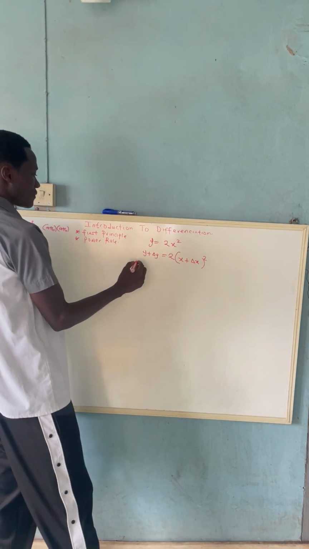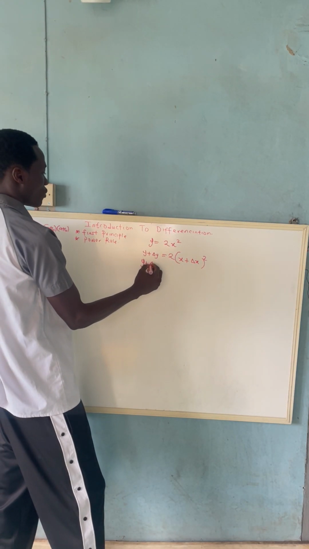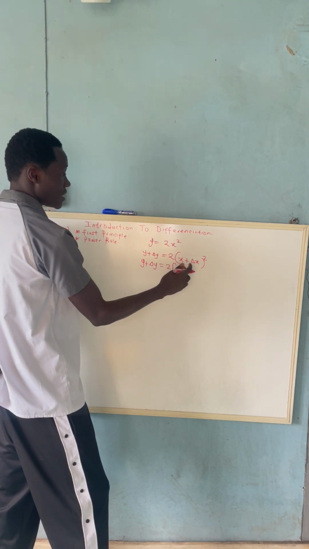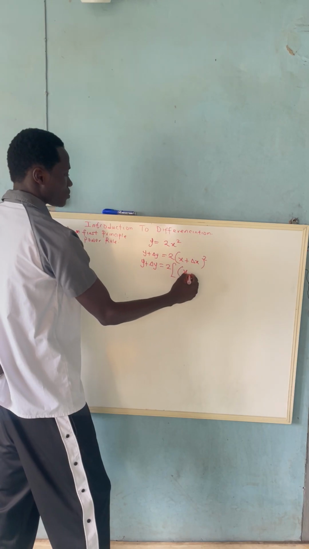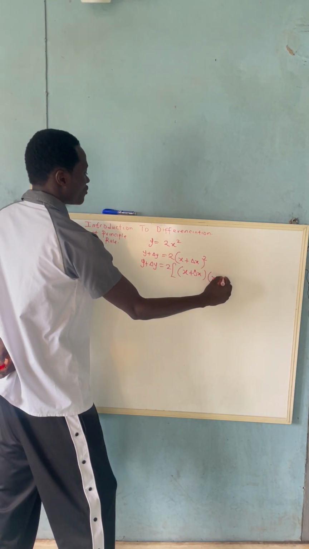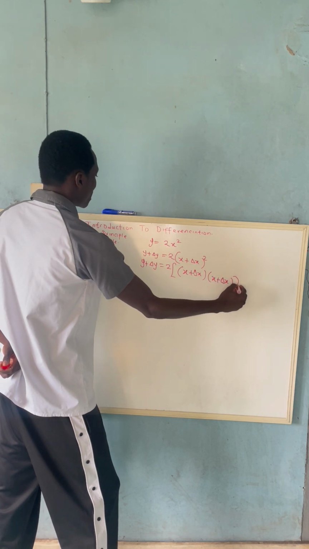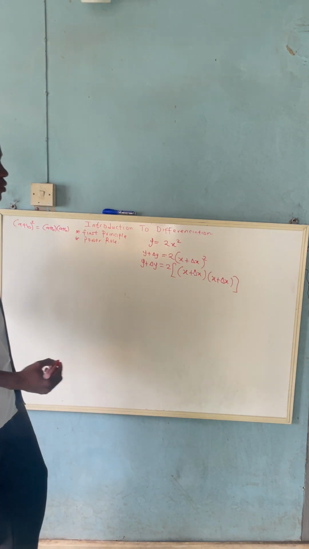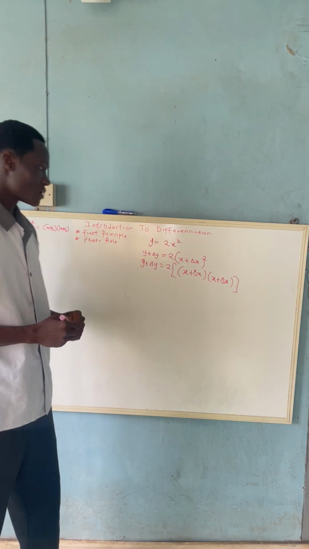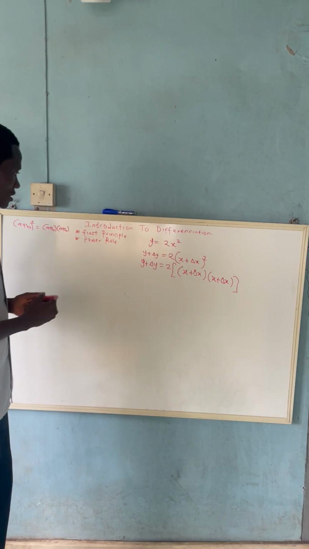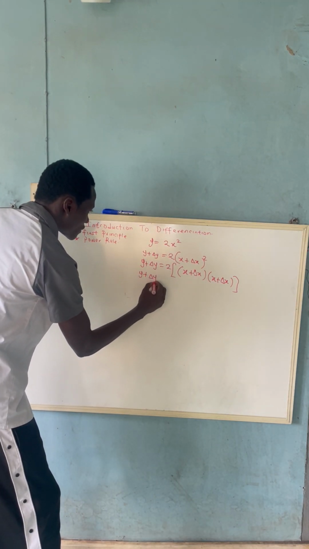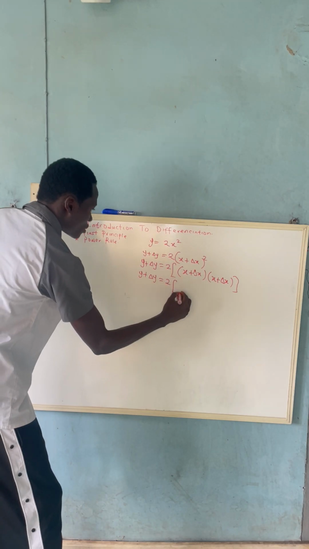I'm going to have y plus change in y is equal to 2 times, we have 2 of these brackets, (x plus change in x) and (x plus change in x). So we are opening it twice. So what we are going to do here is that we are going to expand these brackets using the algebraic method. So we are going to have y plus change in y is equal to 2 brackets.